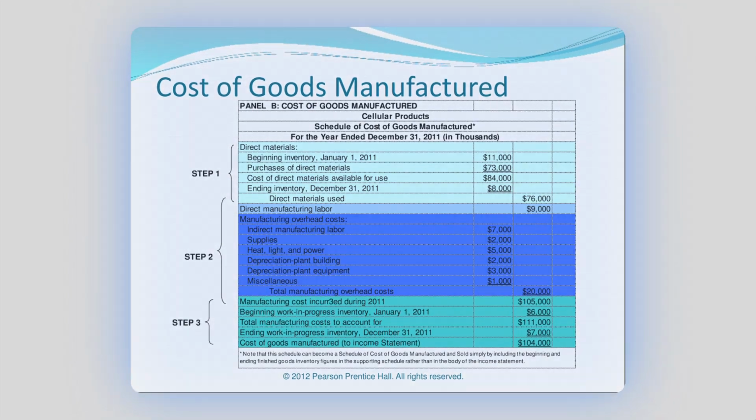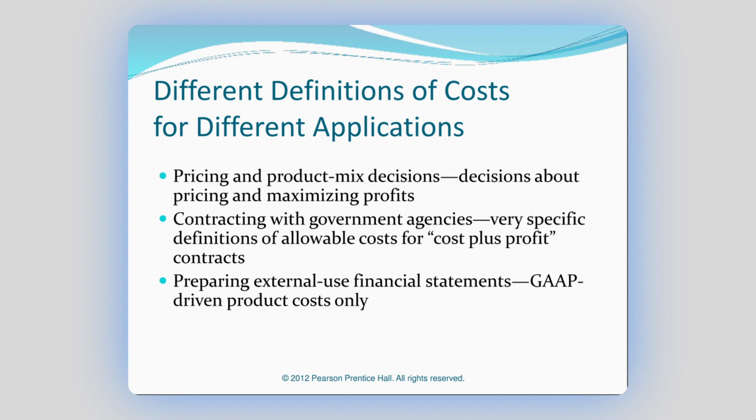So, different definitions, no, of cost for different applications. So, you have pricing and product mix decisions or decisions about pricing and also maximizing our profit. Okay. Then we have also a contracting with the government agencies naman. Very specific naman to, no? Particularly for definitions of the allowable cost for cost plus profit.